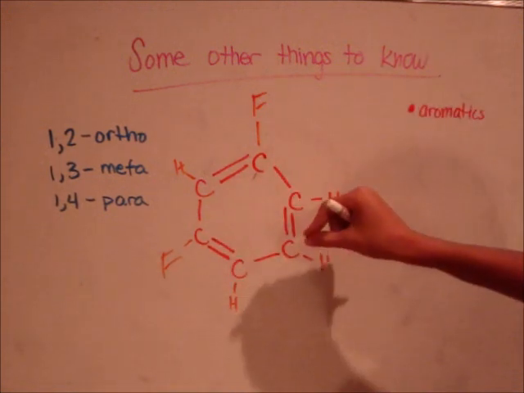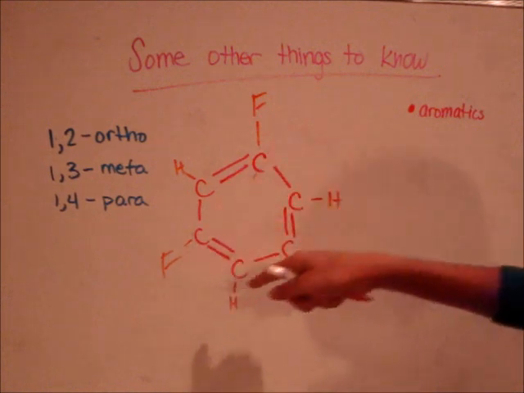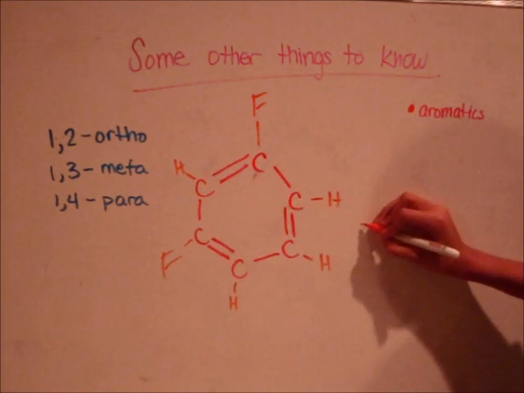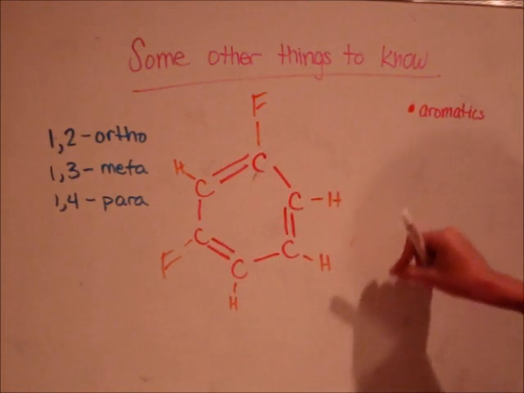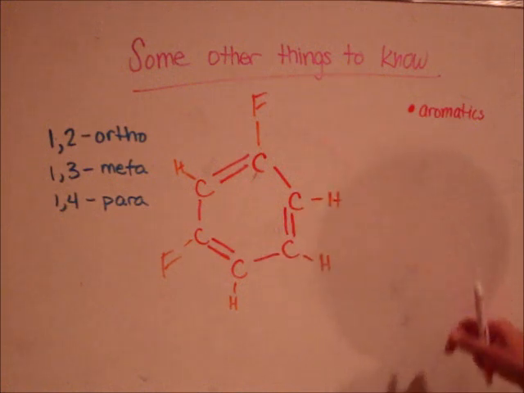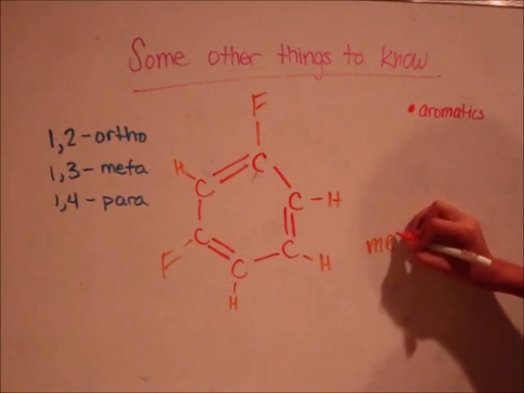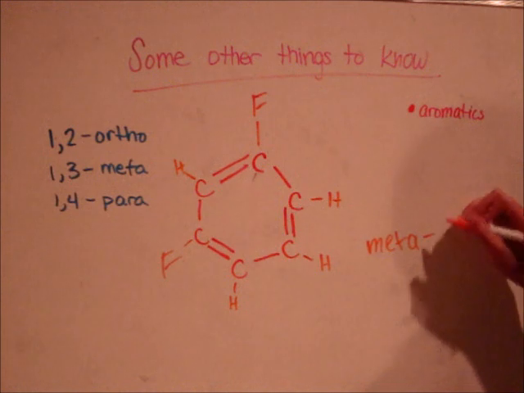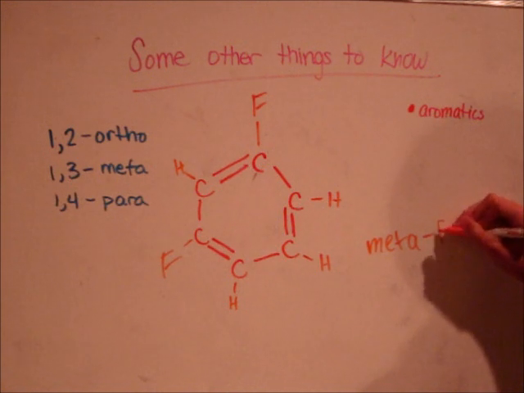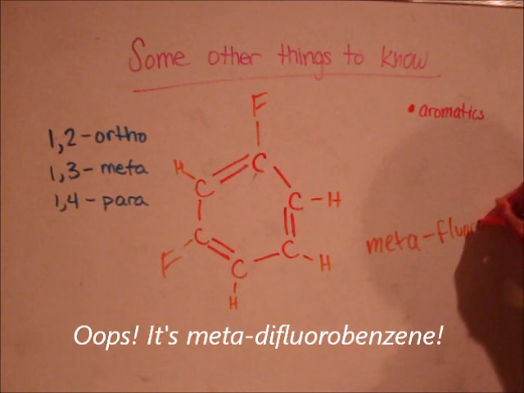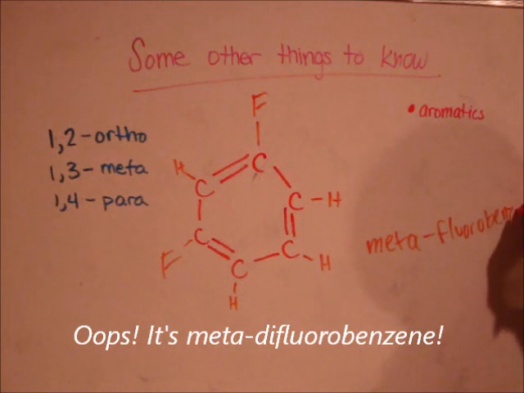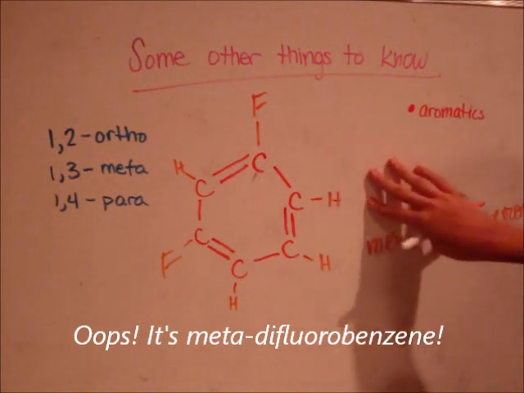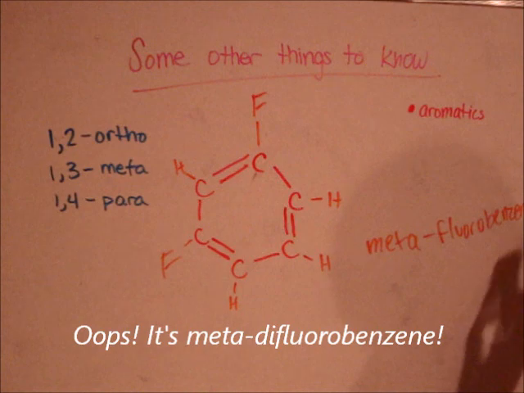We can count counterclockwise too. So 1, 2, 3. It's on the 1 and 3rd. So do we say 1,3-fluorobenzene? No, we don't. We just say meta. Meta hyphen fluorobenzene.